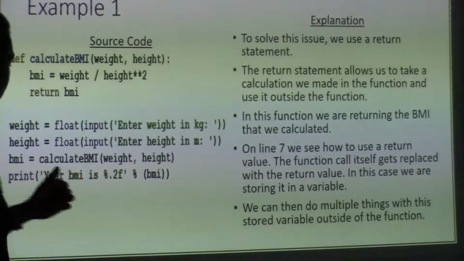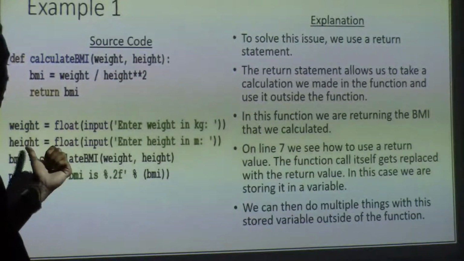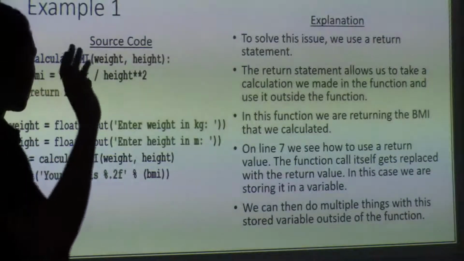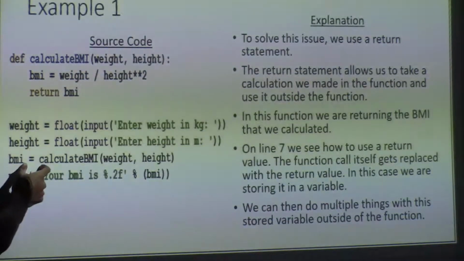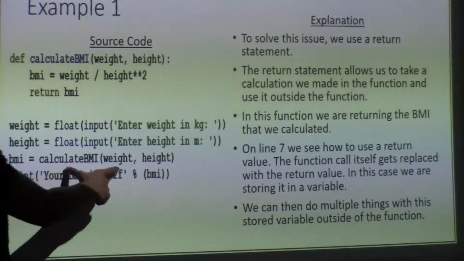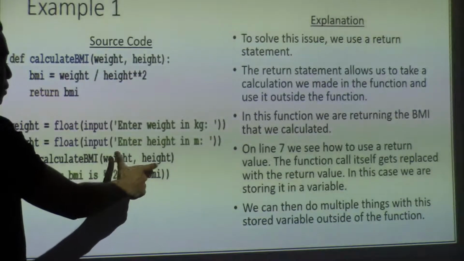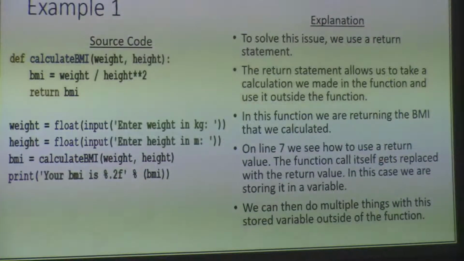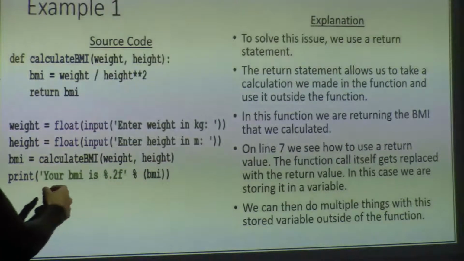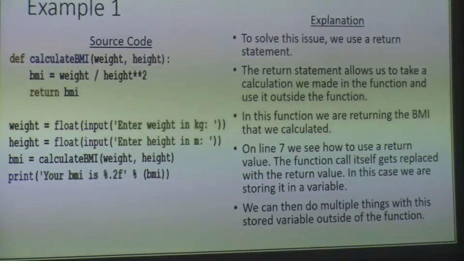So let's continue with our program. We ask the user to enter their weight and their height, and what I want you to realize is that we're going to create another variable, but as a global variable. We're going to say BMI equals our function, calculate BMI with weight and height passed as our parameters. And then we'll be able to print out your BMI is, and print out our BMI.